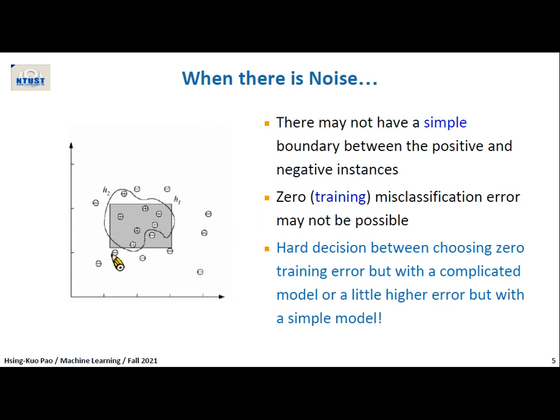Given the model, say a rectangle model, what is the bias? First of all, for all machine learning models, one goal is to go from data to model.